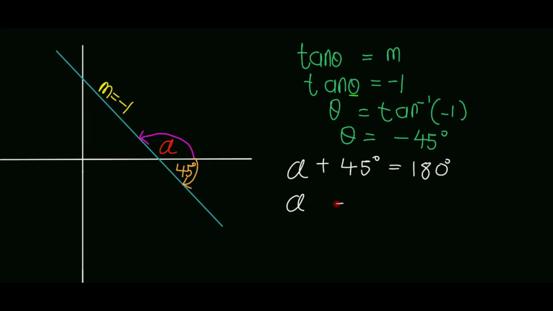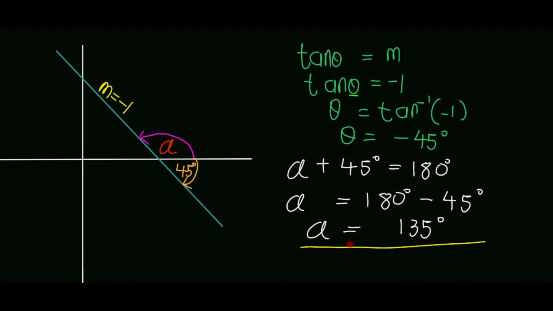Therefore our angle alpha is equal to 180 degrees minus 45 degrees, and the answer is 135 degrees. So that's how we can find the angle of inclination for a negative slope.